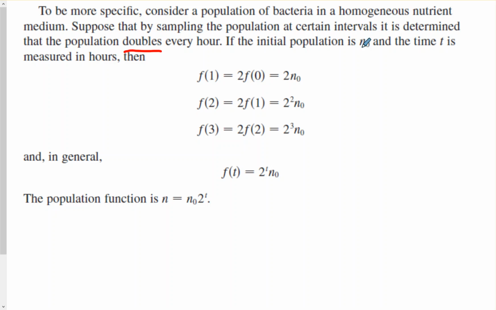If the initial population is n sub 0 and the time t is measured in hours, then in general f of t is going to be a doubling formula: the original population times 2 to the t power.